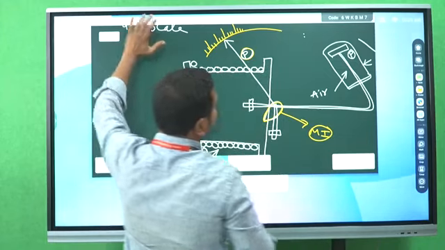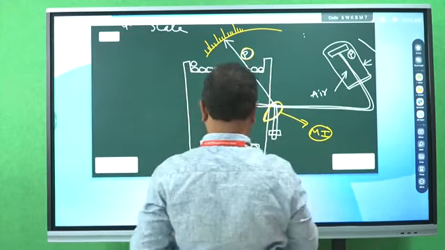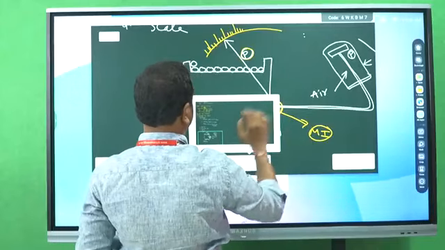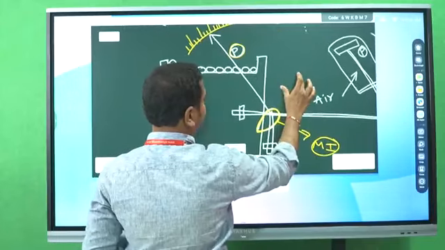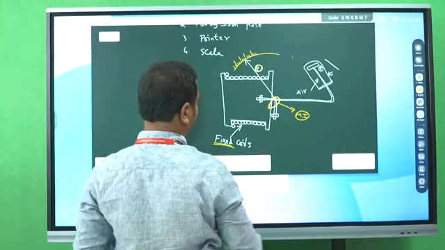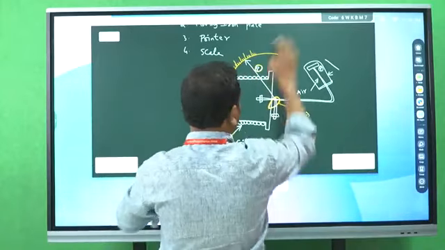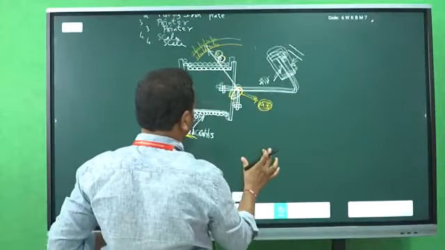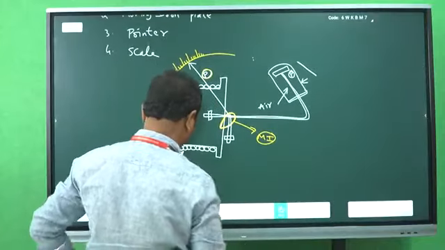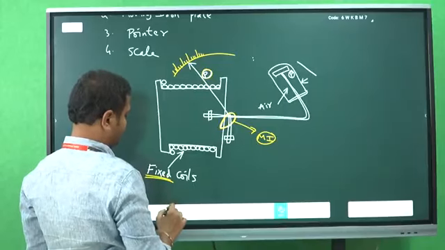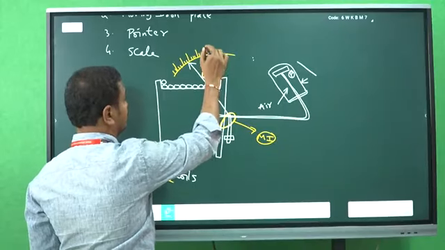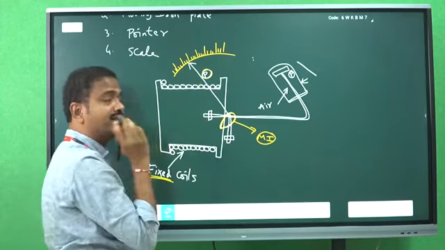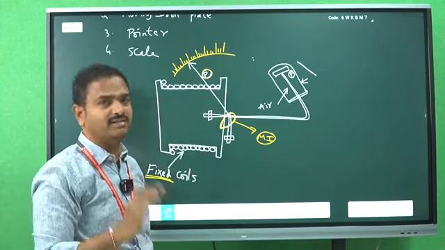The pointer moves on the scale to represent the accurate or measured value.